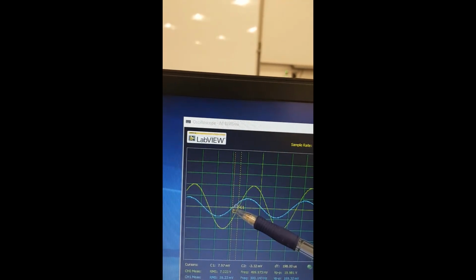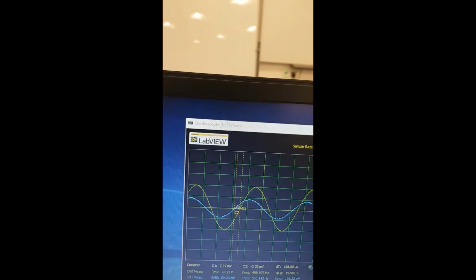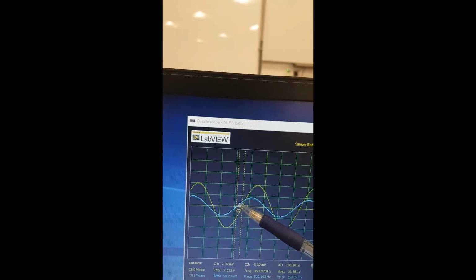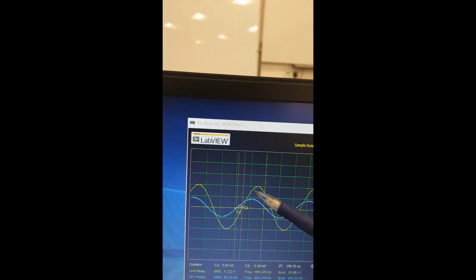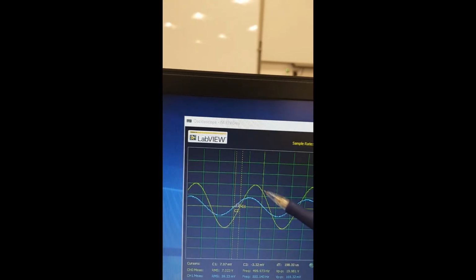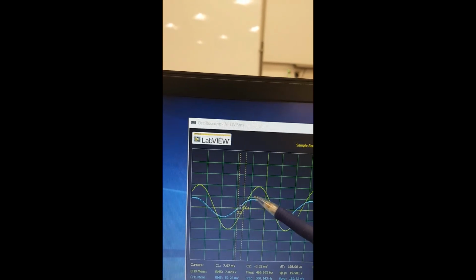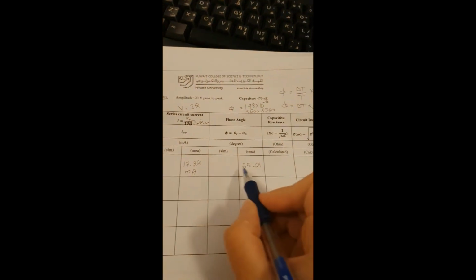So the output leads the input. Leads means it came first, ahead. So the output, the blue signal, leads the input, or the input, the green, lags the output signal. So here we have negative.